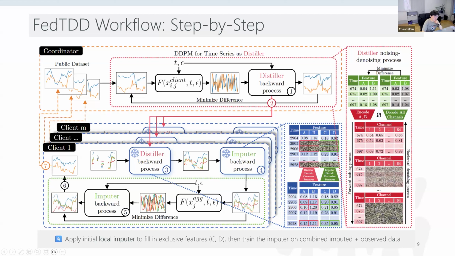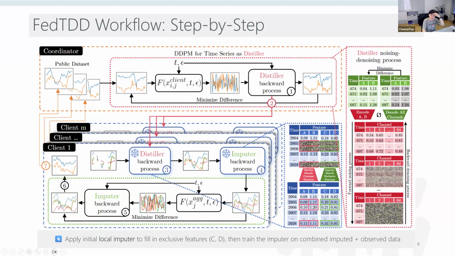You can see those imputations are synthetic data, but they have some information from the public dataset. So the distiller is trying to transfer the knowledge from the public dataset to each client. Then each client can use that information to do the imputation on the green and red time series.